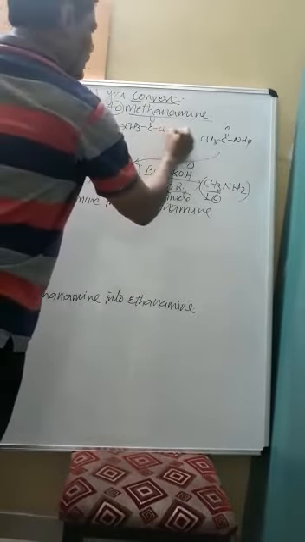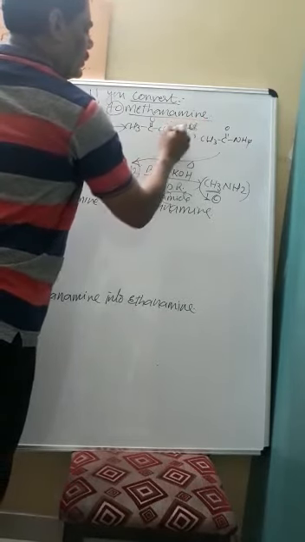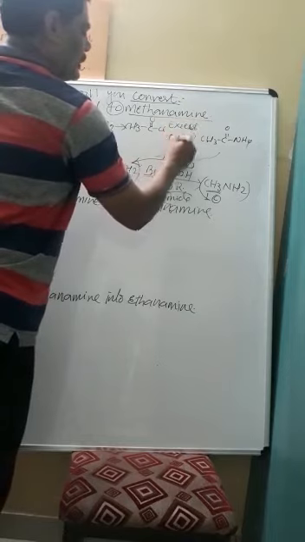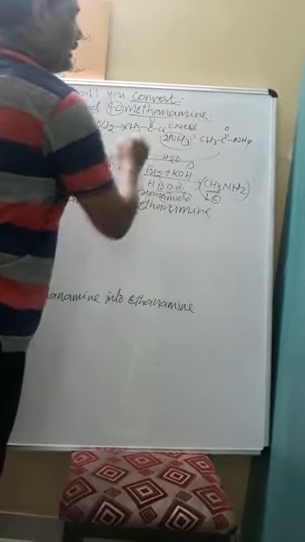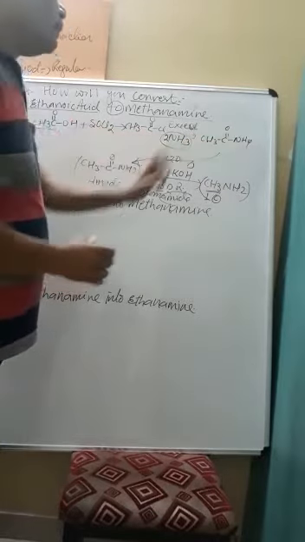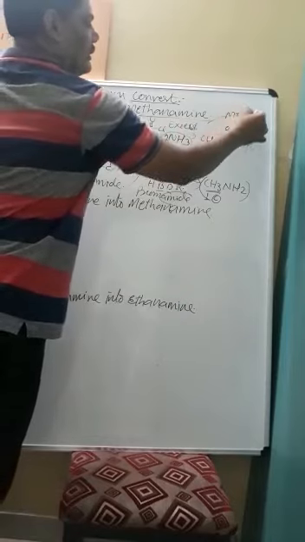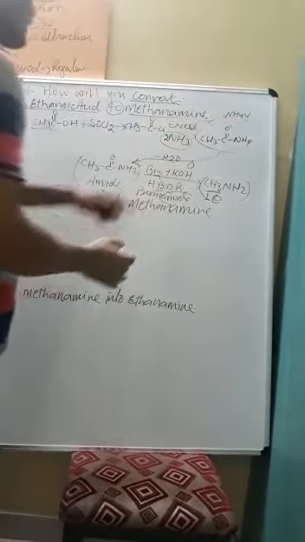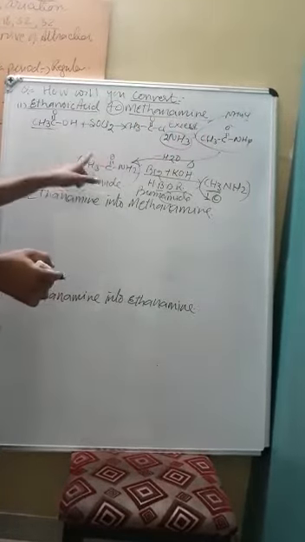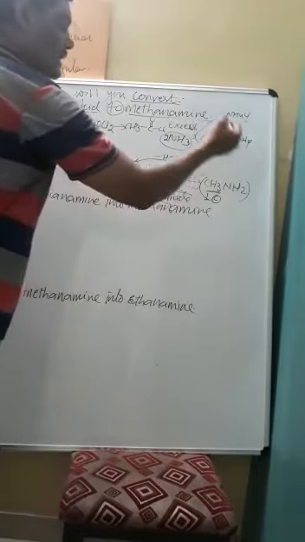When this compound is reacted with excess of NH3, you can call it 2NH3, it forms CH3CONH2 and NH4Cl. So we can get this compound. This can be dehydrated to form amide, and amide on Hofmann bromamide degradation reaction gives methanamine.